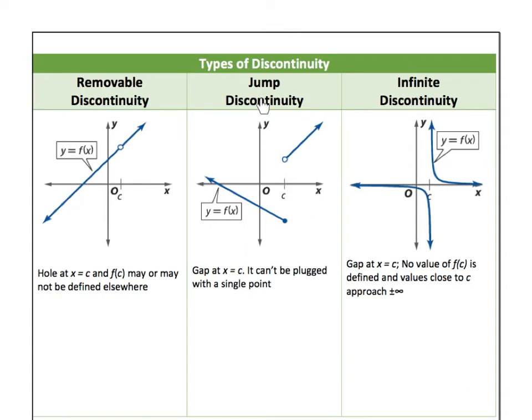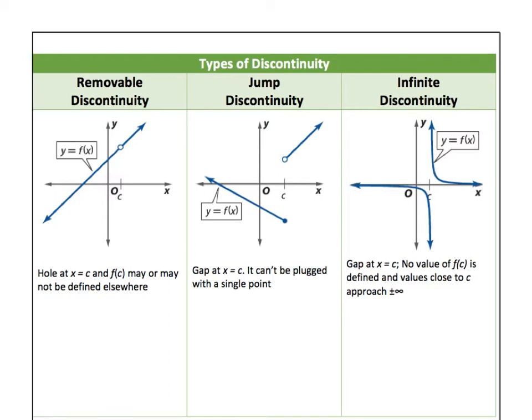We call it jump discontinuity and infinite discontinuity. So jump, it's kind of like you're tracing from left to right this graph, and then your pencil tip jumps all the way up here and continues infinitely to the right. Notice it is still a function because I have an open circle here and a closed circle here. So there's a gap. That's what we call jump discontinuity. And it can't be plugged with a single point.